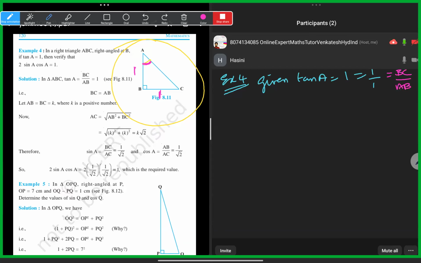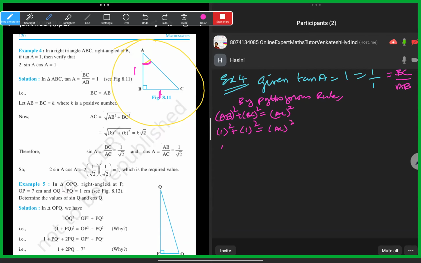Now Pythagoras rule will find out AC. AB square plus BC square is equal to AC square. AB square is how much? 1 square. BC square is how much? 1 square. Is equal to AC square.